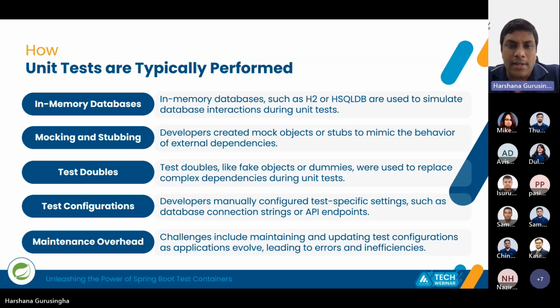As applications and their dependencies evolve over time, maintaining and updating test configurations become a significant overhead. Keeping test configurations in sync with the changes in the application requires constant effort and attention, leading to potential errors and inefficiencies. So, as you can see, traditional unit testing approaches often encounter various challenges.